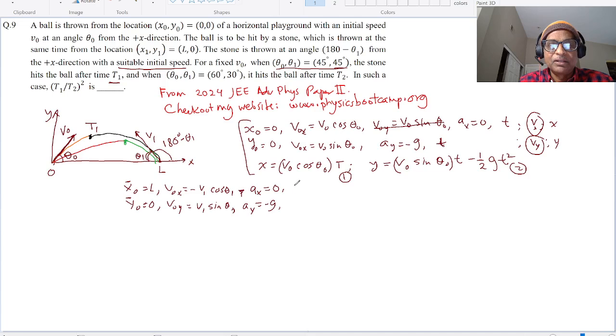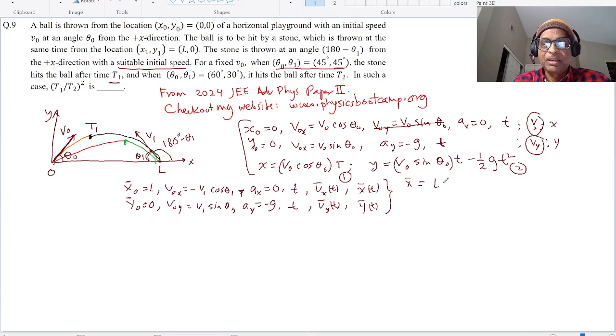And at some arbitrary time t, I'm going to have vx bar of t and vy bar of t, and we're going to get x bar and y bar at that time. So writing down the equations for this, x bar equals this plus this t, right?